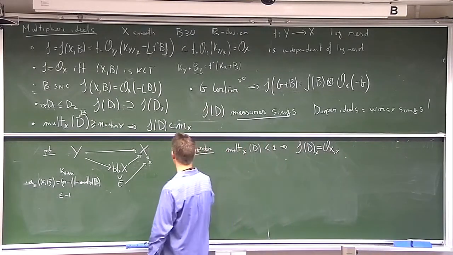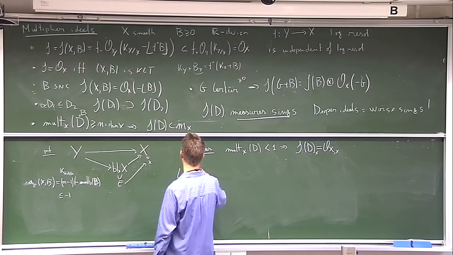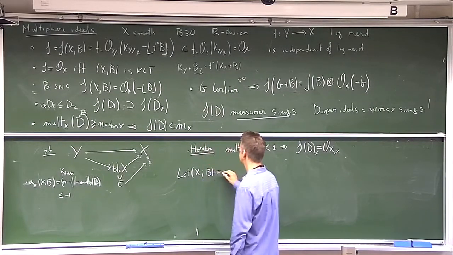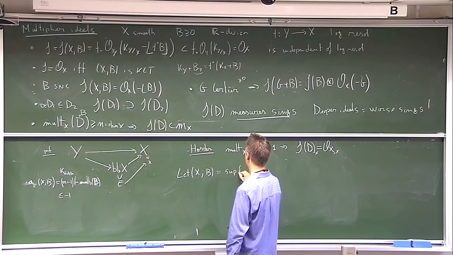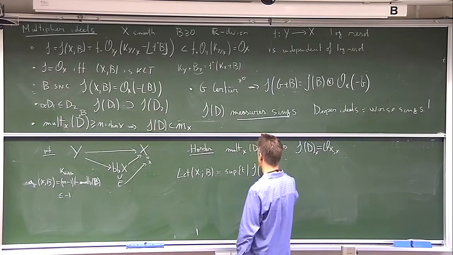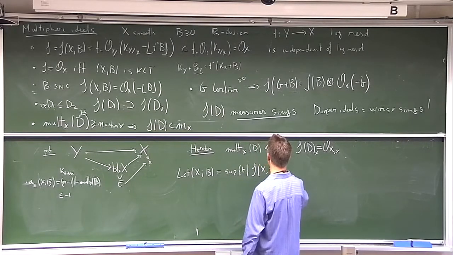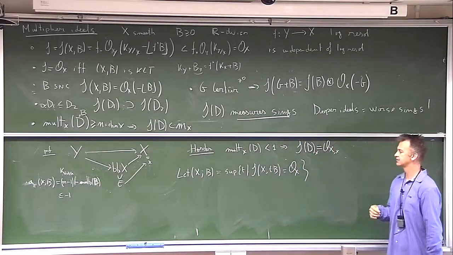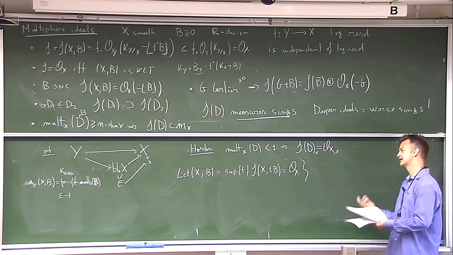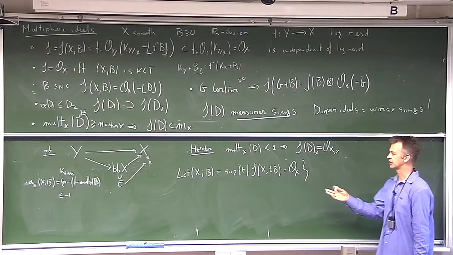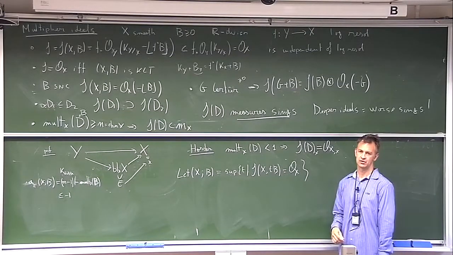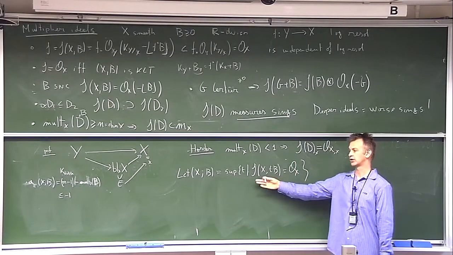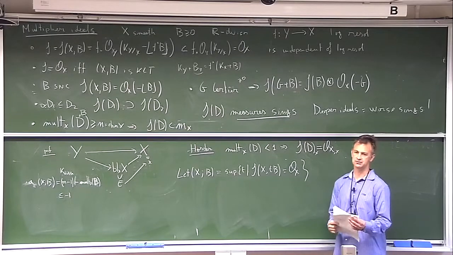A trivial fact is that the log canonical threshold of the pair, well, I'd have to say x with respect to the divisor B, is the same as the supremum of those t's such that the multiplier ideal sheaf of x, comma, tB is trivial. There's nothing to this because being Kawamata log terminal is the same thing as having trivial multiplier ideal sheaf. So this is just a rephrasing. You can measure being Kawamata log terminal or log canonical in terms of the multiplier ideal sheaf, and so you can also compute the log canonical thresholds in terms of multiplier ideal sheaves.